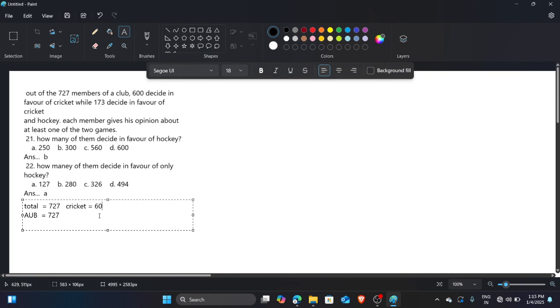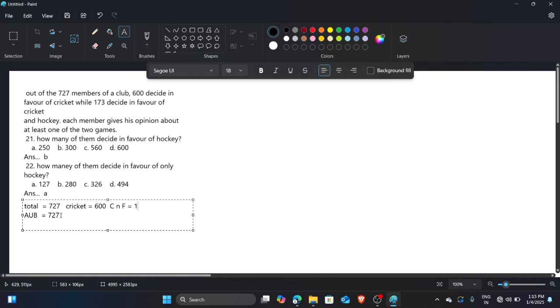So 600, and while the cricket plus hockey, I will denote cricket with C and hockey with H. So you can say this is the intersection they have shown us: cricket and hockey.